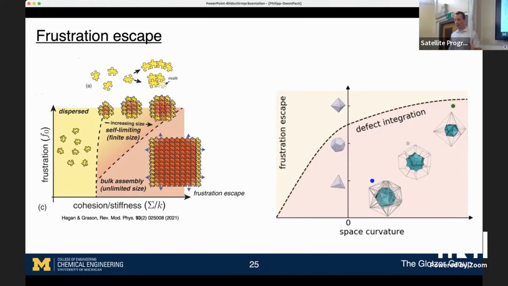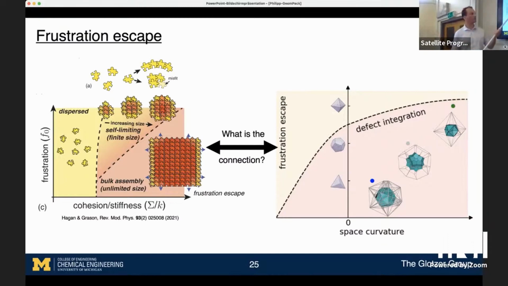But now the question is, again, what is a really nice connection between them? And maybe also for the future, how can we use this information to create new materials, or other materials which are created based on, for example, the 24 cell.